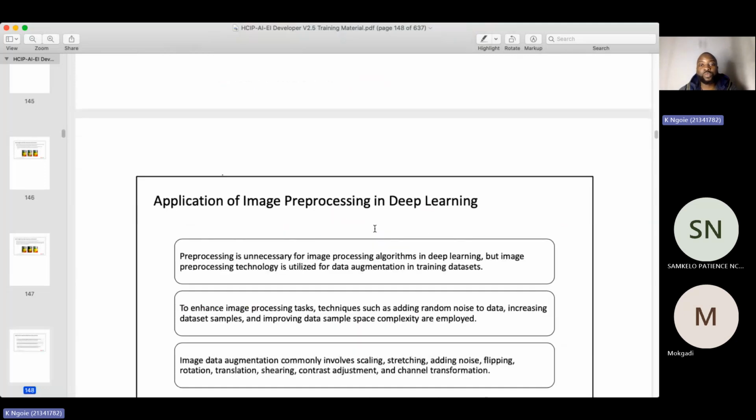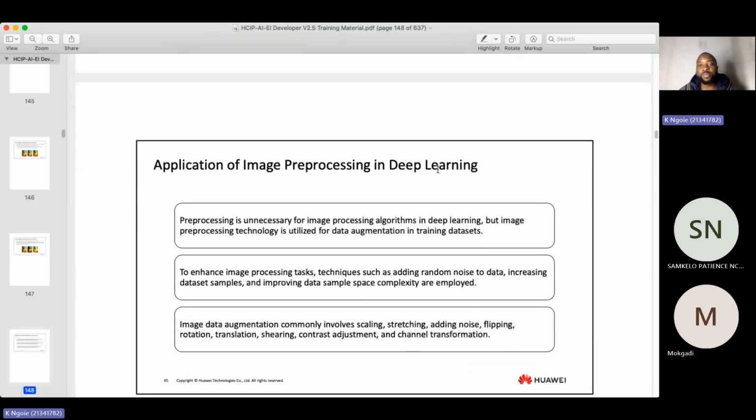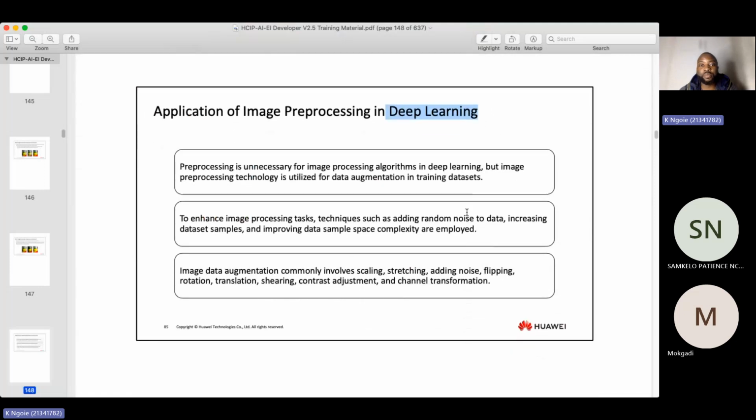All right, so applications of image preprocessing in deep learning. Remember, when we were talking about all these transformations of pictures, these are pre-processing the images before we can use them in deep learning and let the AI learn from them.